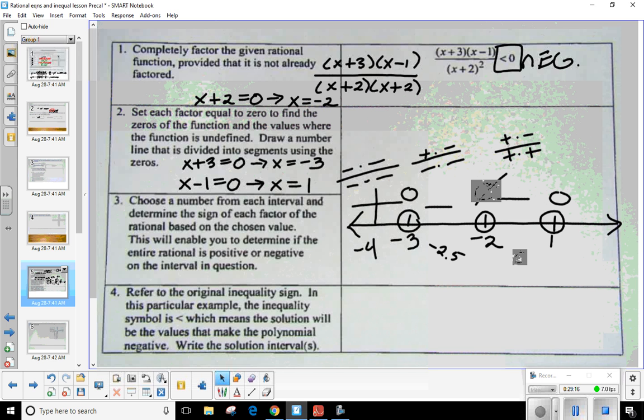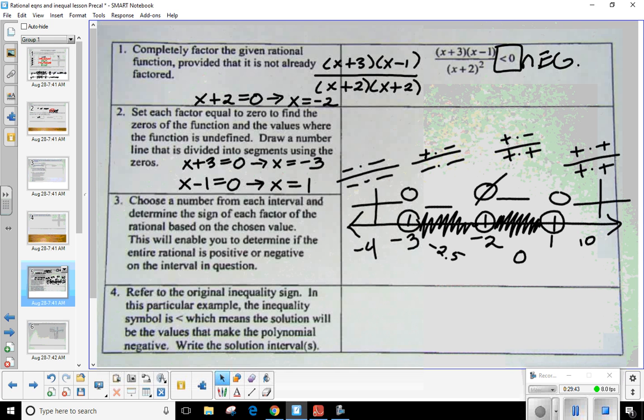Ford, what do you think? 10. Okay, perfect. So let's see. 10 plus 3 is 13, so positive. 10 minus 1, positive. 10 plus 2, positive. So this is definitely a positive. Now, we wanted the negative, so any interval that's negative, I want this one and this one.